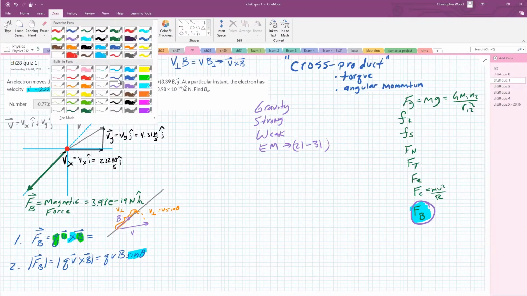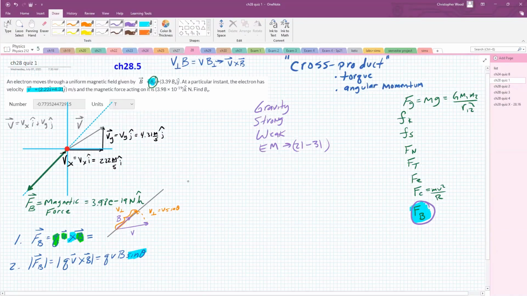Number three. Okay, I need to do force equals QV cross B. You've done very similar operations with torque analysis and angular momentum analysis, and we're just doing it here now.